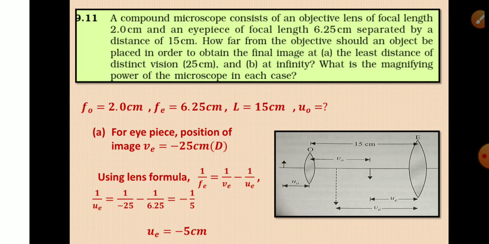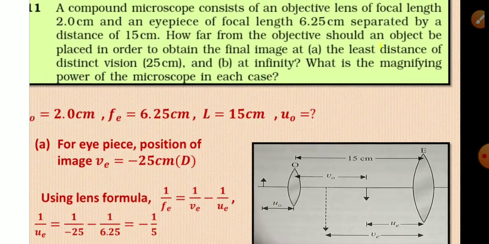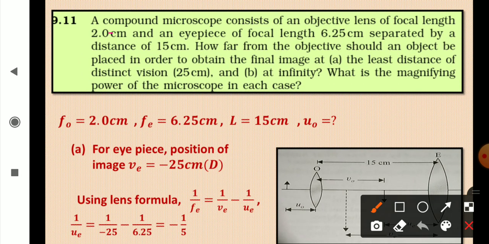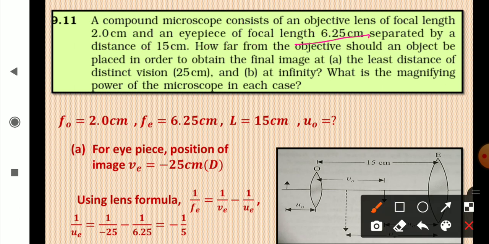This is your NCERT problem, and a very good problem, and also a board problem. Look at it. A compound microscope consists of an objective lens of focal length 2.0 centimeter and an eyepiece of focal length 6.25 centimeter separated by a distance of 15 centimeter.